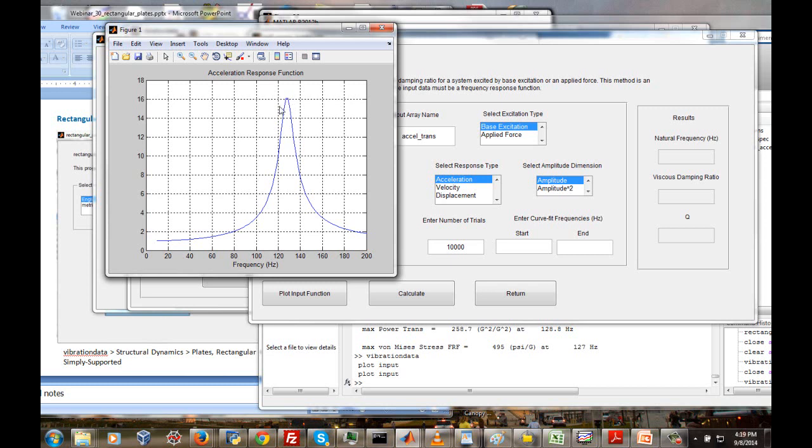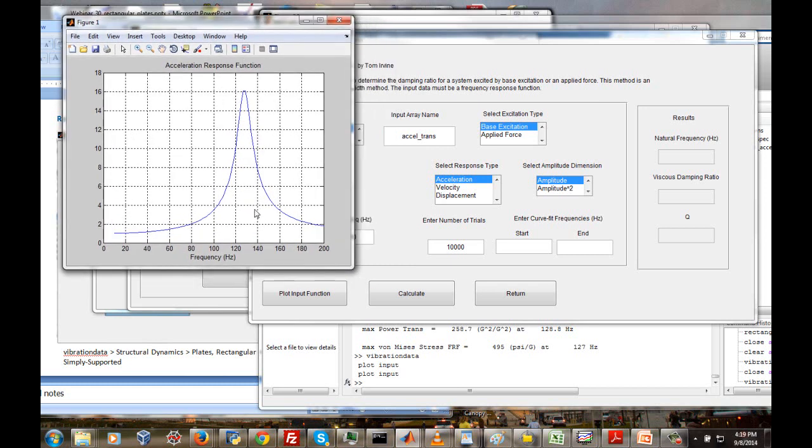So we're going to use our more robust generalized method for determining the Q value from the peak, and it's the half-power bandwidth method. So let's do our curve fit. We're not going to take this whole spectrum here. We're just going to zoom in a bit. We get a little more accurate if we zoom in.